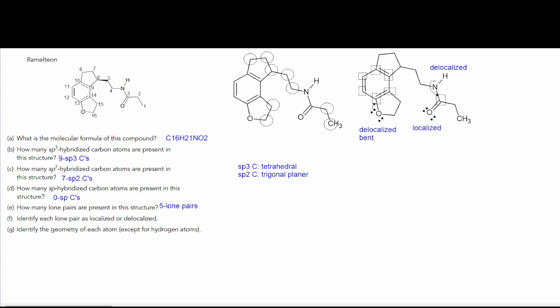The nitrogen has a lone pair that is delocalized, so I would expect it to have a trigonal planar geometry, because the lone pair is in conjugation with the C double bond O. And that's how these are the geometries of the different atoms over here.